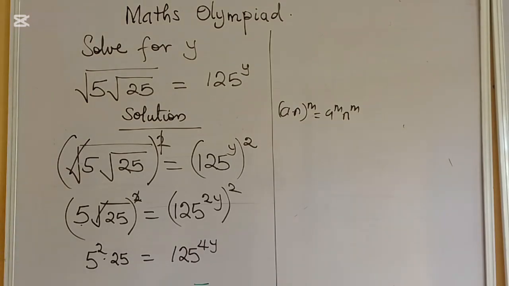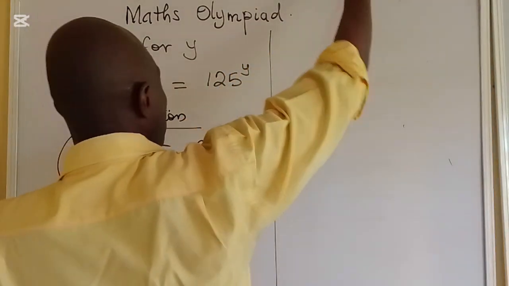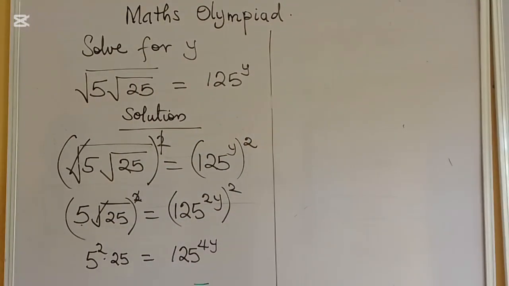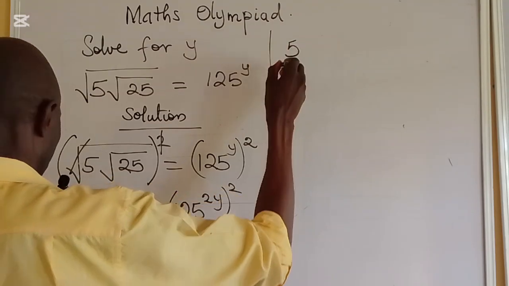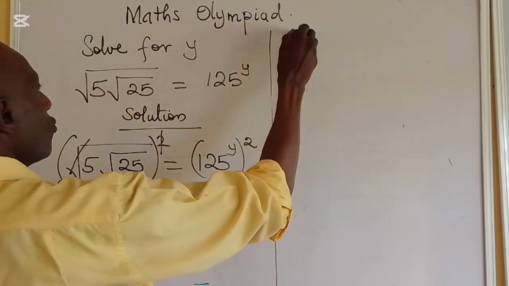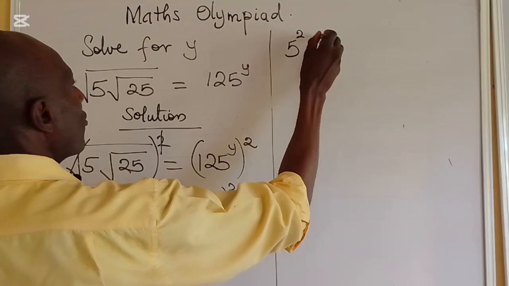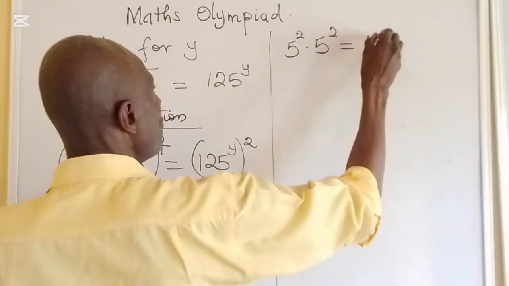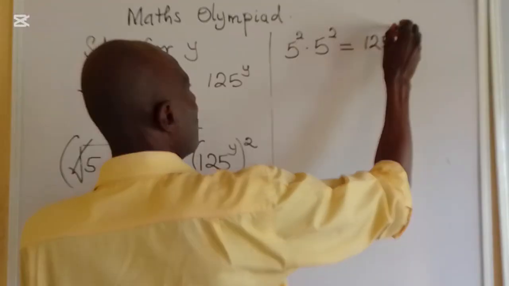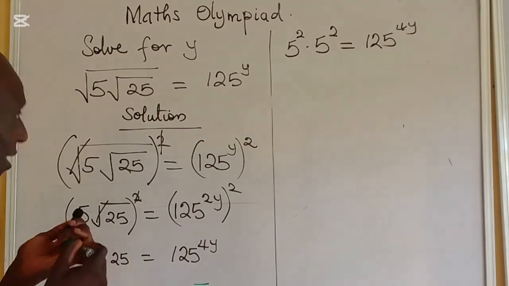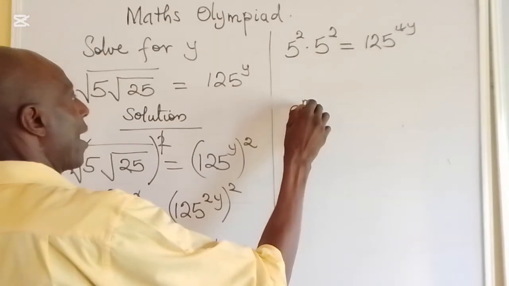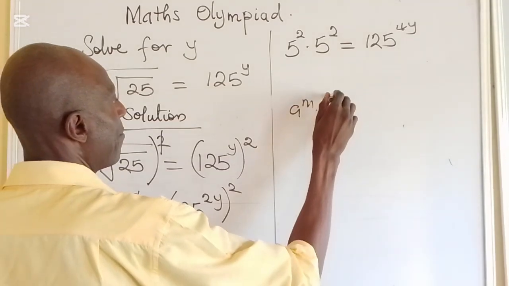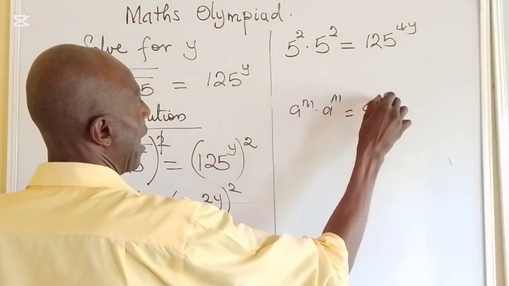So we can also use the product and multiplication law of indices on this other side. So here is now 5 raised to power 2 times another 5 raised to power 2 is equal to 125 raised to power 4y. And by the law of indices, a raised to power n times a raised to power n again is equal to a raised to power n plus n.